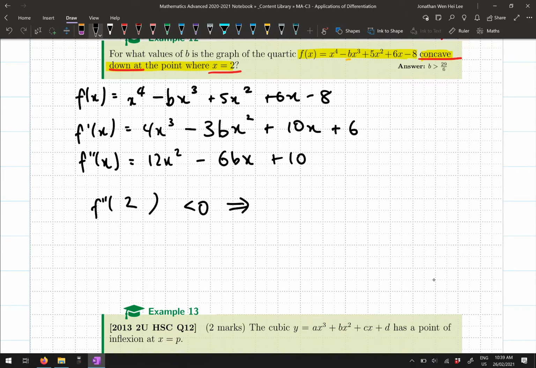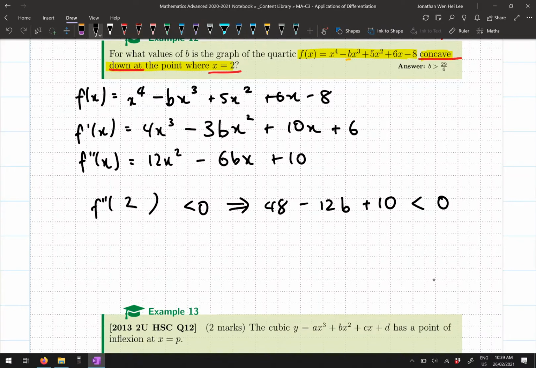What's 2 squared? 4. So 12 times 4 is 48 minus 12b, because I have that 2 in there, so this becomes 58 minus 12b is less than 0.